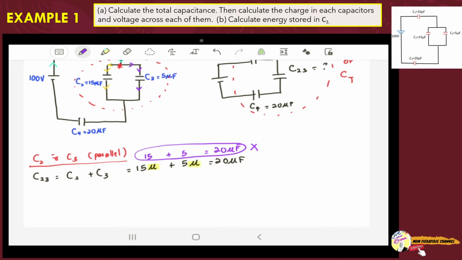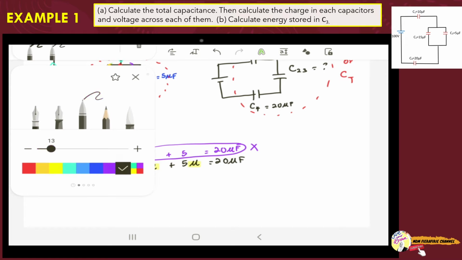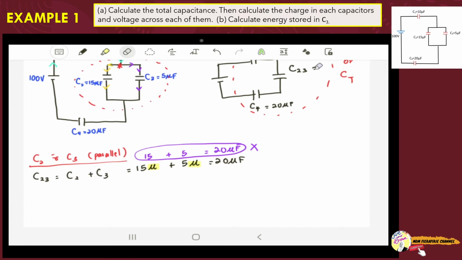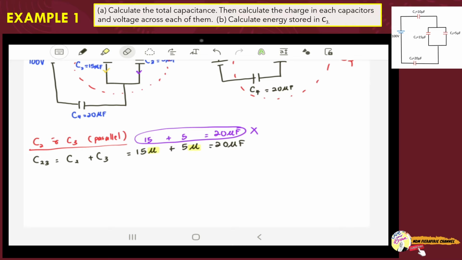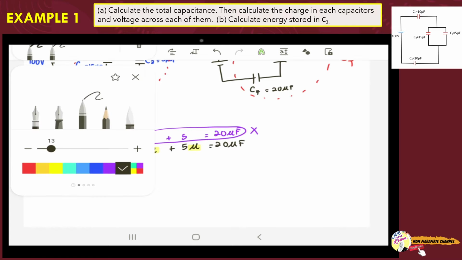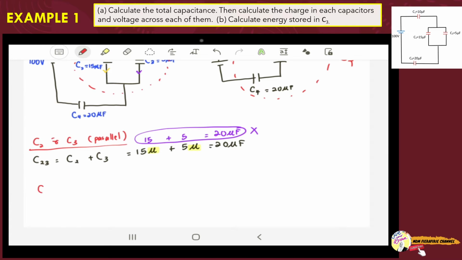Therefore, C23 here is equal to 20 microfarad. Okay, 20 microfarad here. So now we want to calculate the C total, where it's between C1, C23, and C4, and they are in series.